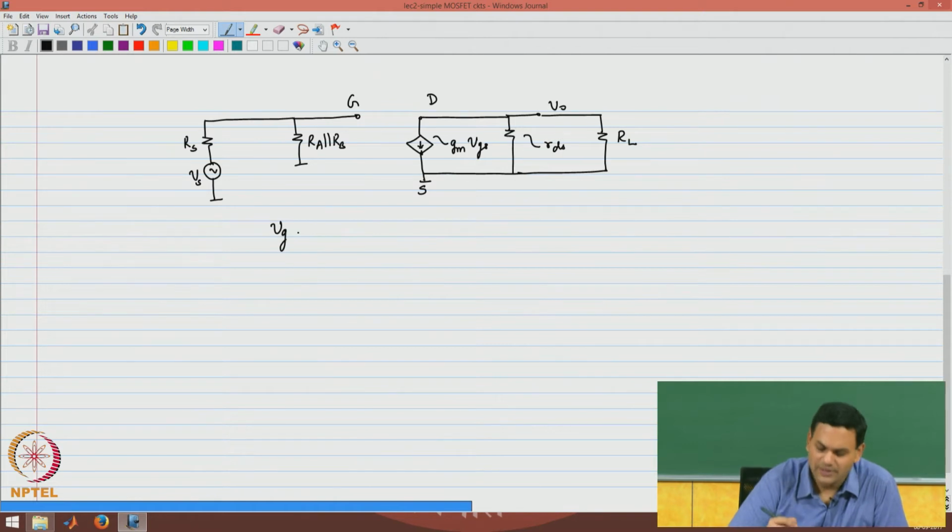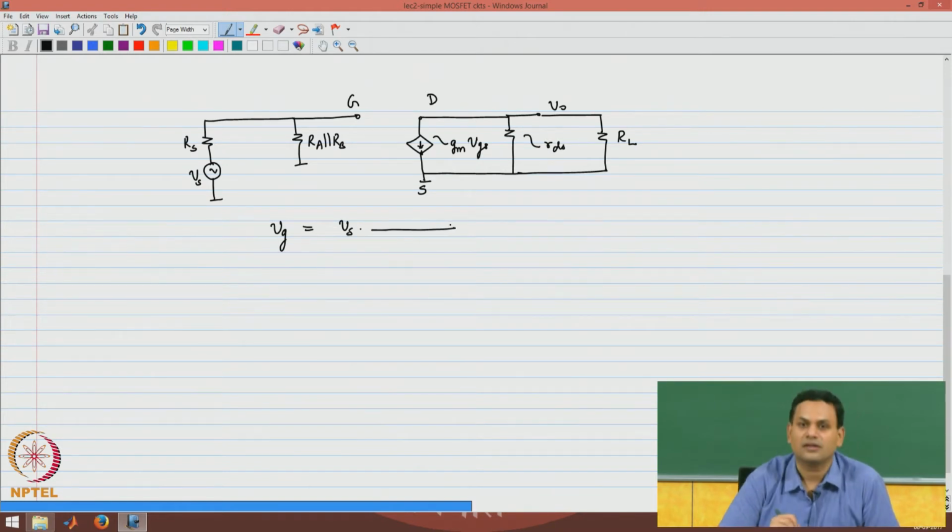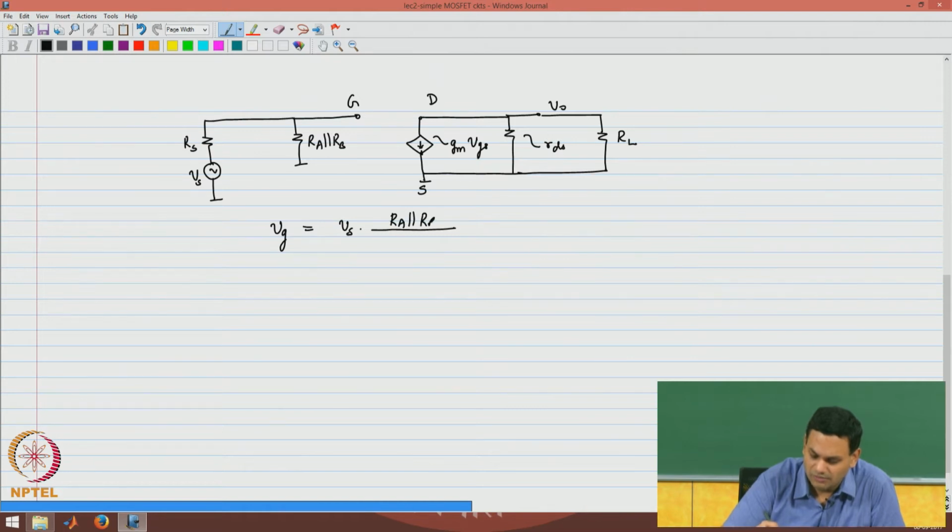So, systematically, the small signal gate voltage is nothing but the input voltage Vs modified by the resistive divider formed by Rs, RA and RB.